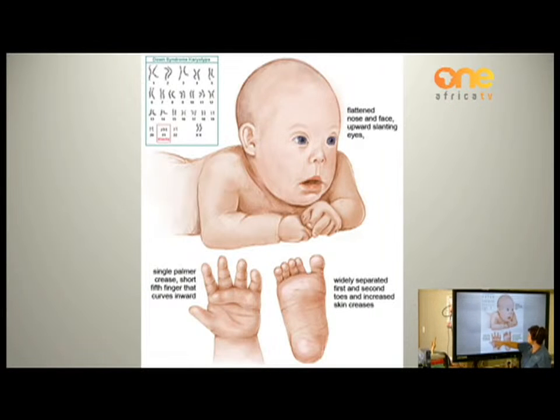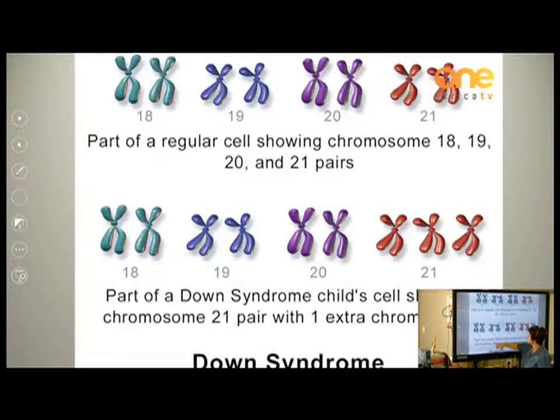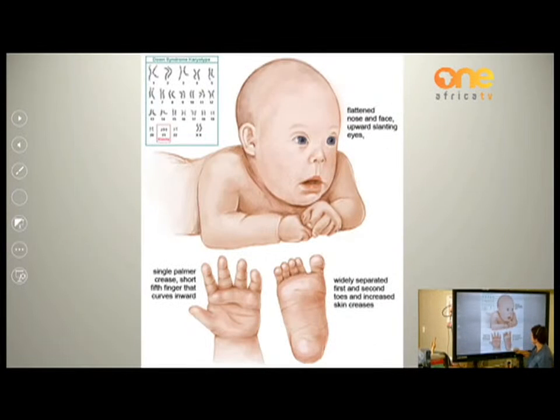That is also an interesting fact of Down syndrome. The toes are widely apart, first and second toe, and lots of creases on the foot is a sign of Down syndrome. But what is different in Down syndrome?